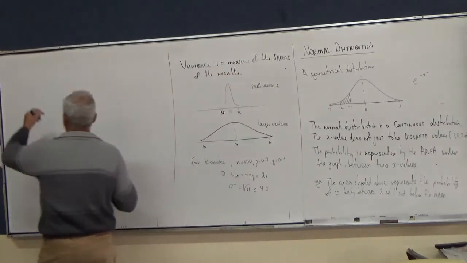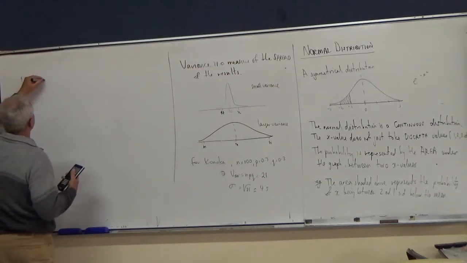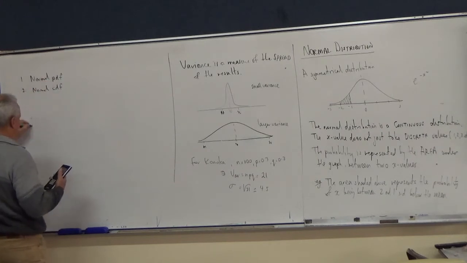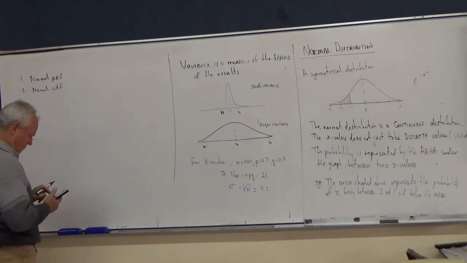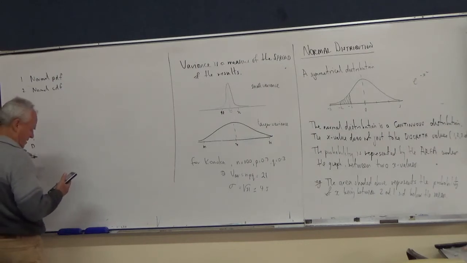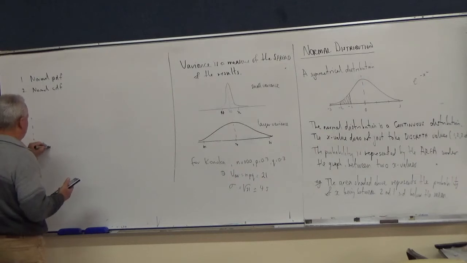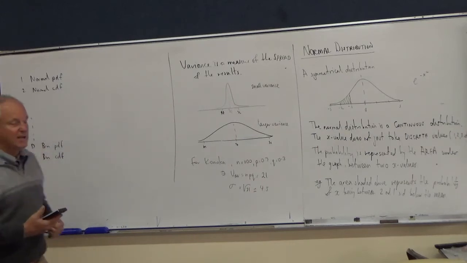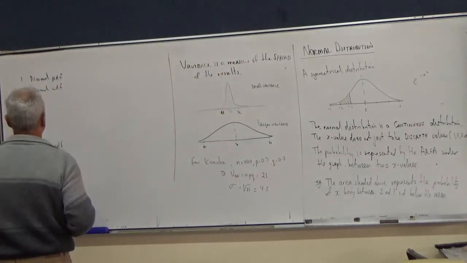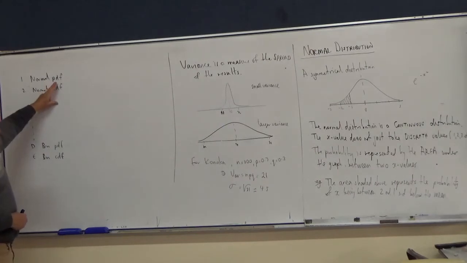We've got one normal PDF, two is normal CDF, and then way down was D and E, binomial PDF, binomial CDF. Okay. You need to understand the difference between those. We'll come back to the calculator in a moment. PDF, probability distribution function.